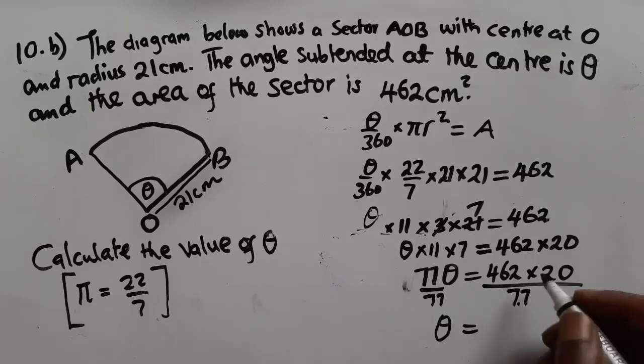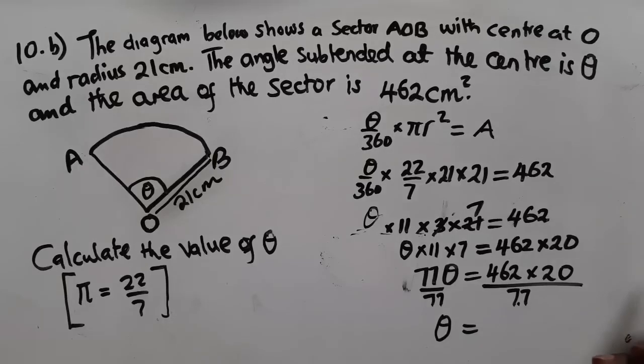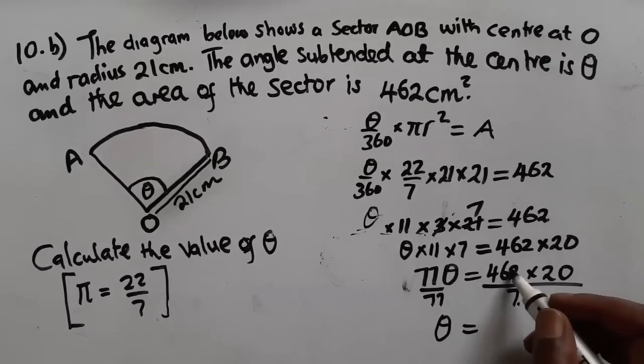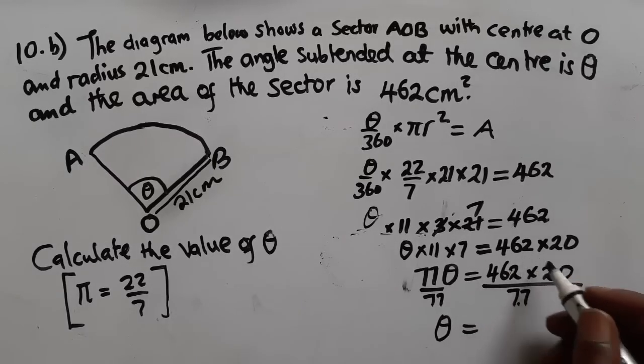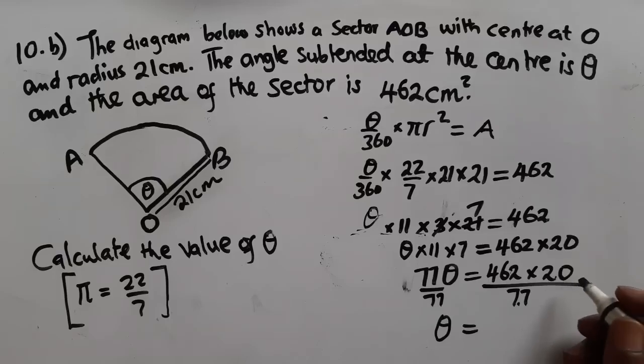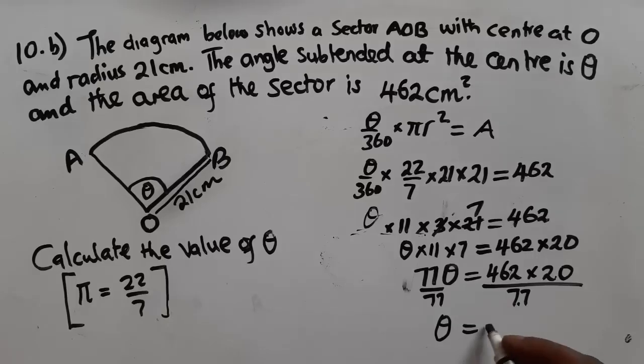We are going to get 6, isn't it? 77 goes 6 times. So 6 multiplied by 20. What do we get? We are going to get 120 degrees as the value of our theta. Are we there?